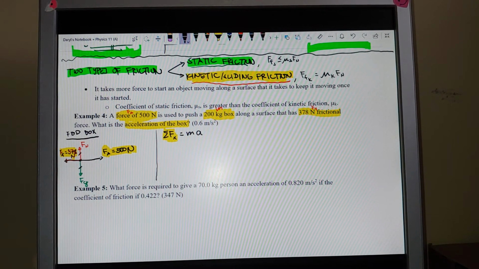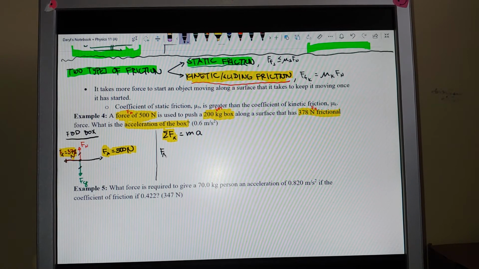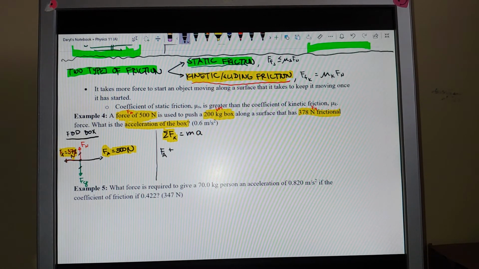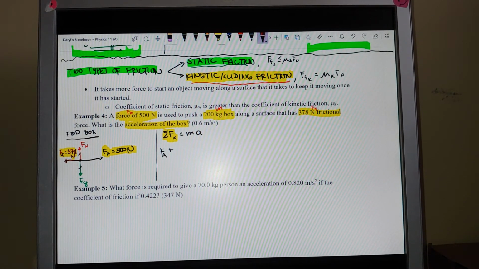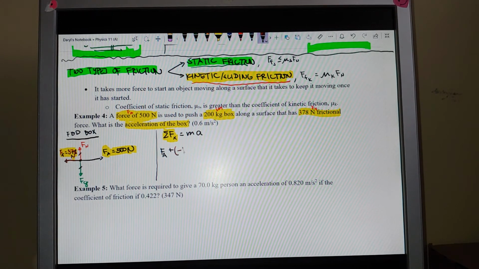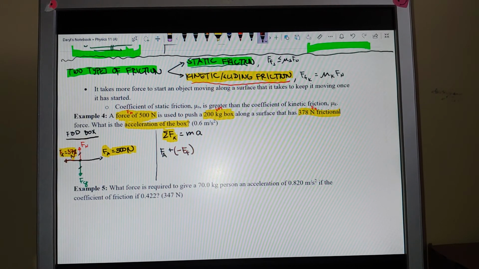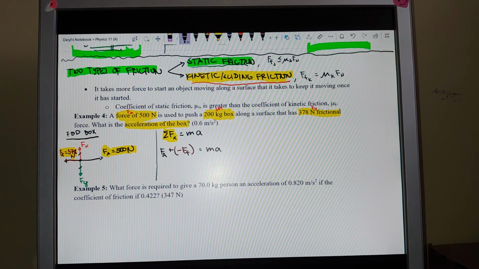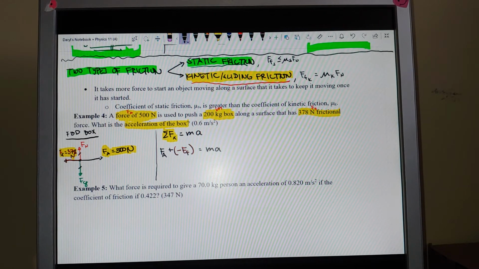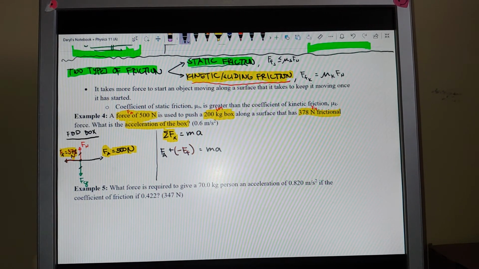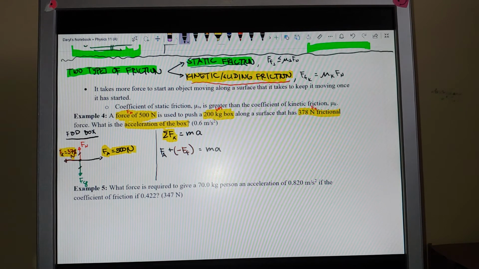Again, along the x, it is given by Fa plus the negative of FF. And again, the net force is equivalent to ma. Again, this is according to Newton's second law.